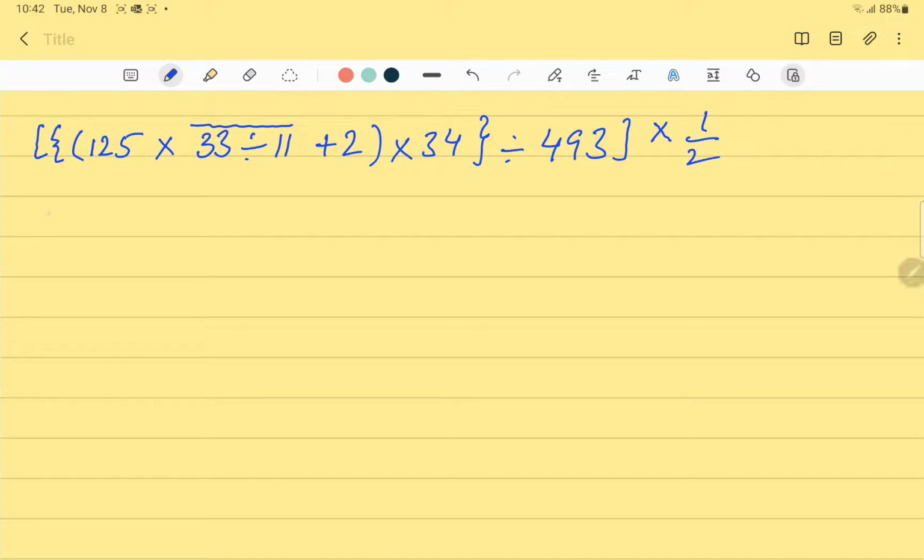Actually, the word BODMAS is an abbreviation of 6 words, which is B stands for brackets.